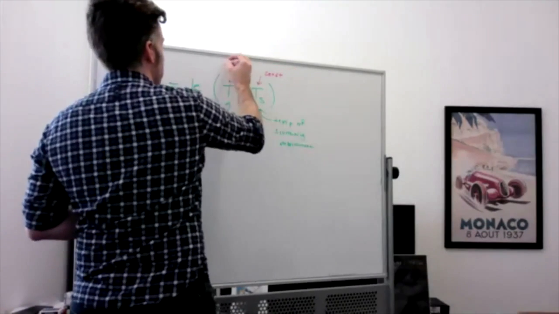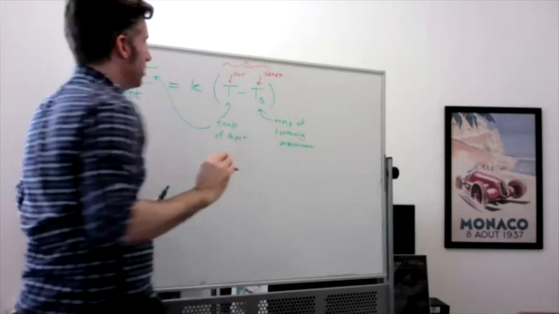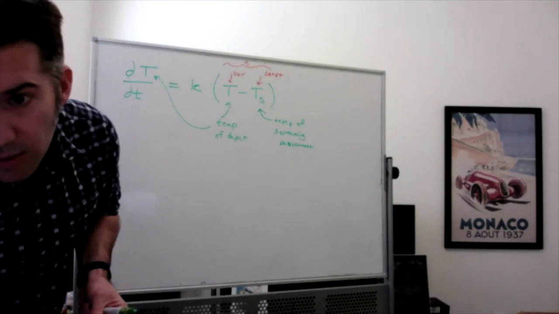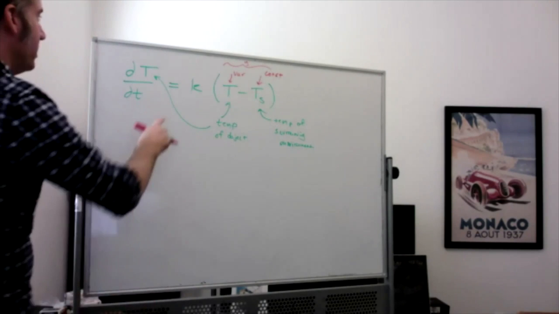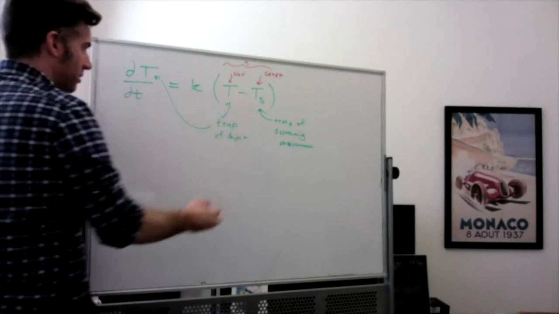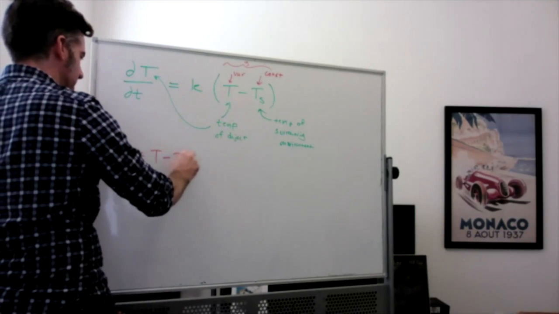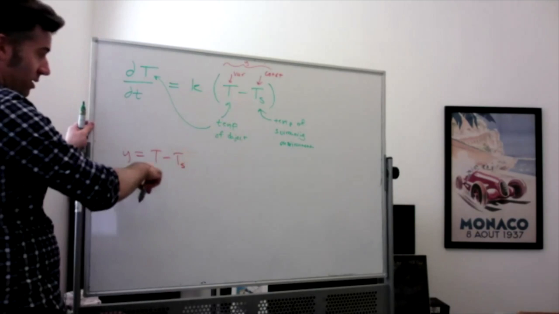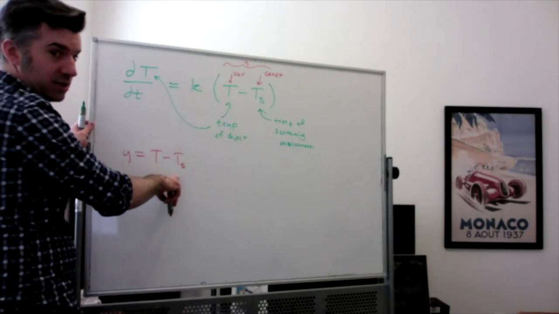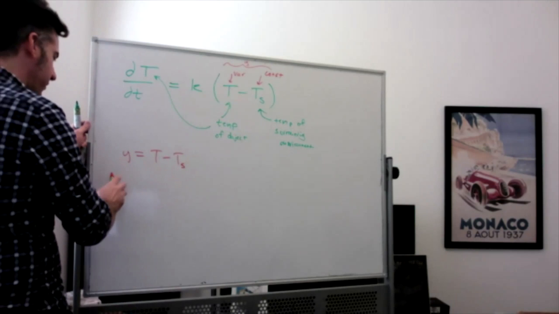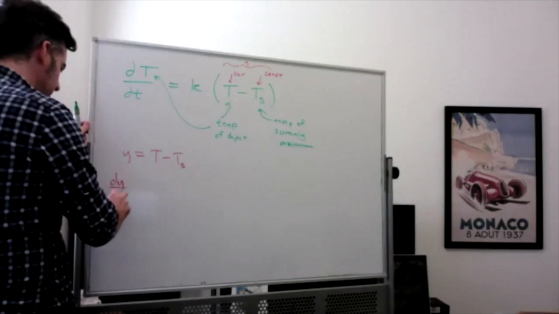So we can call this thing a y. Check this out. If y is equal to T minus Ts, where this is a variable and this is a constant, what happens if I differentiate both sides? On the left, I get dy/dt.